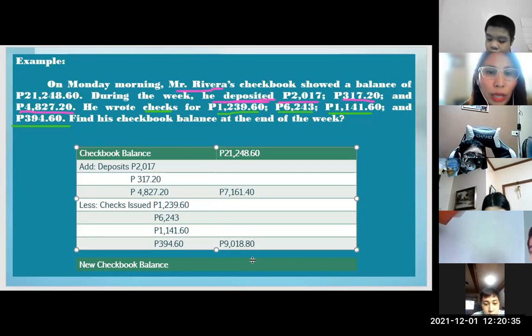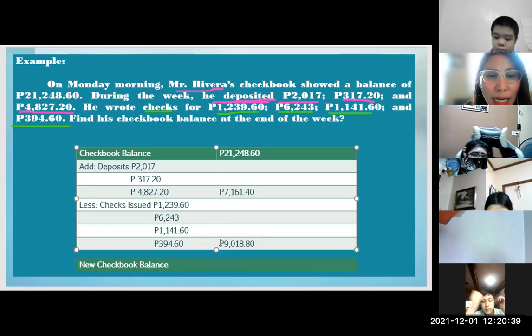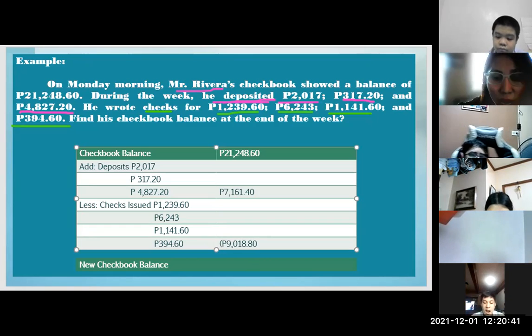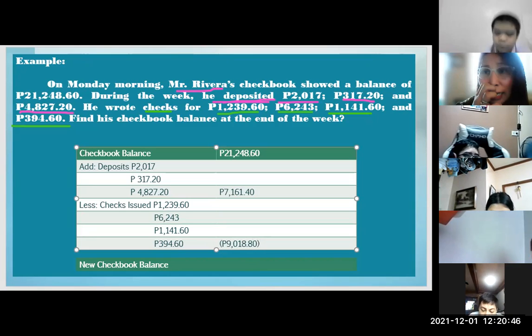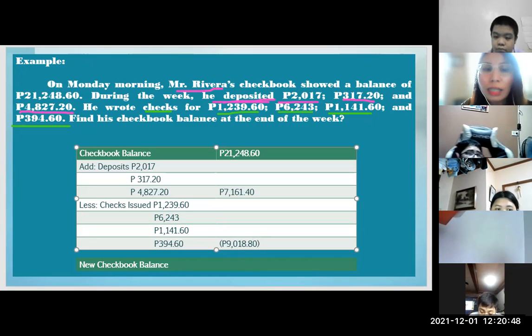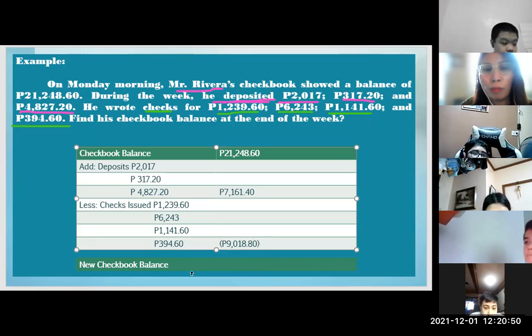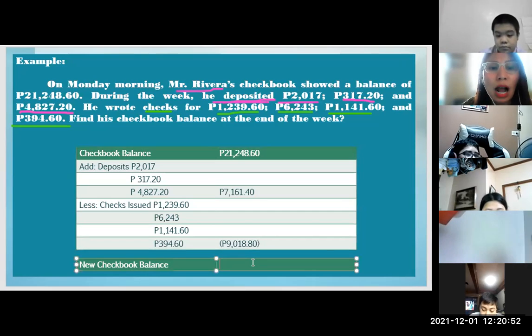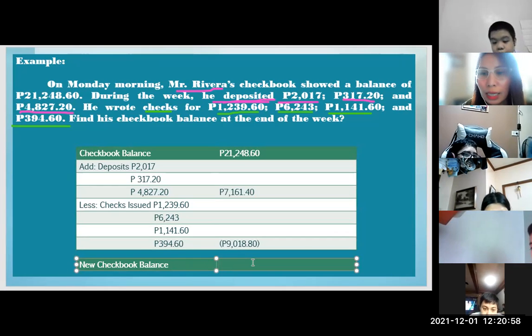18.80. Okay, now, again, if these are the checks issued, therefore we need to deduct. These are deductions. So, lagyan natin ng parentheses to indicate that we need to deduct this amount from our checkbook balance. Sige, now, what's our new checkbook balance? What's the checkbook balance at the end of the week?